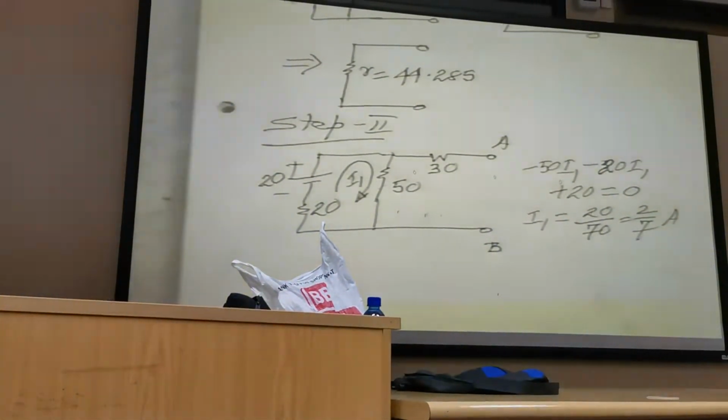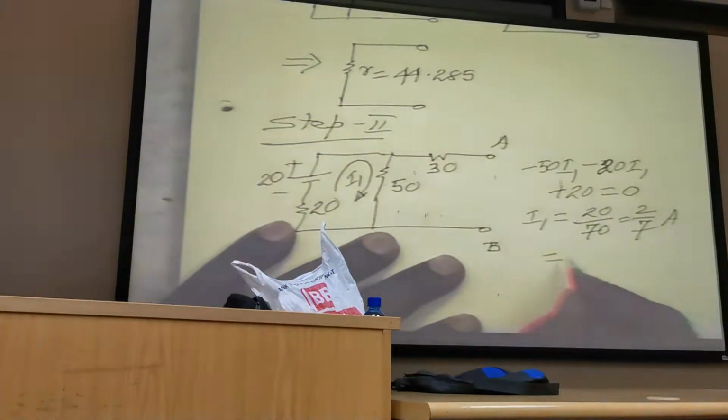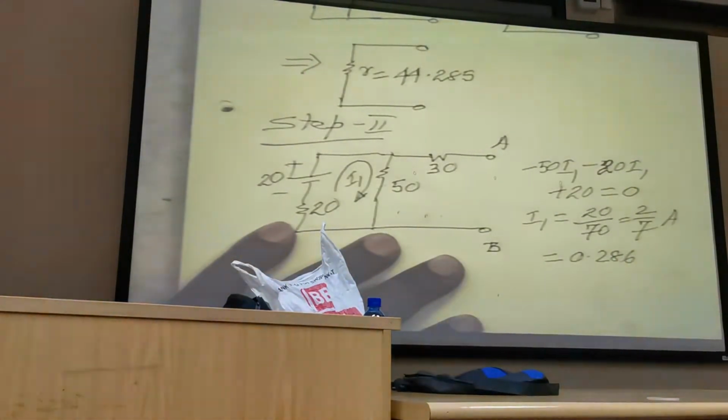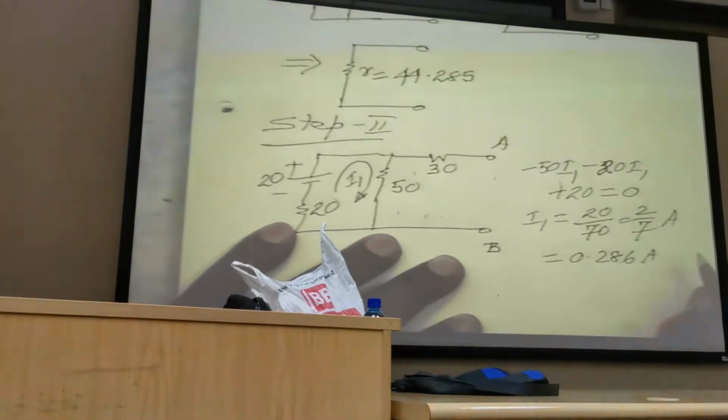So from minus 50 I1 minus 20 I1 plus 20 equal to 0, the result is I1 equal to 0.2857, we are taking 0.286. That is, we are taking 3 decimal places. Clear? So this is your I1.